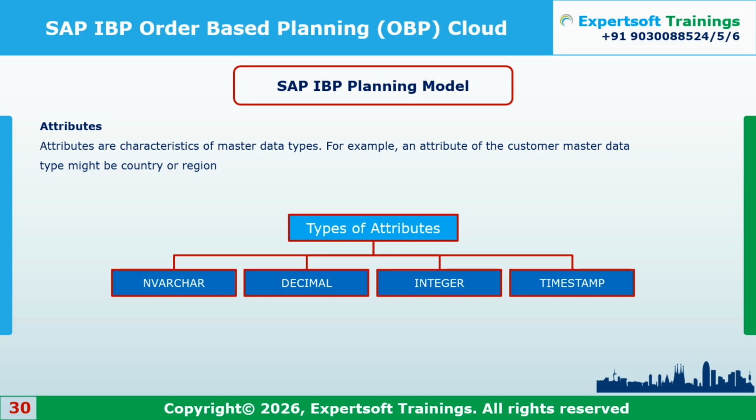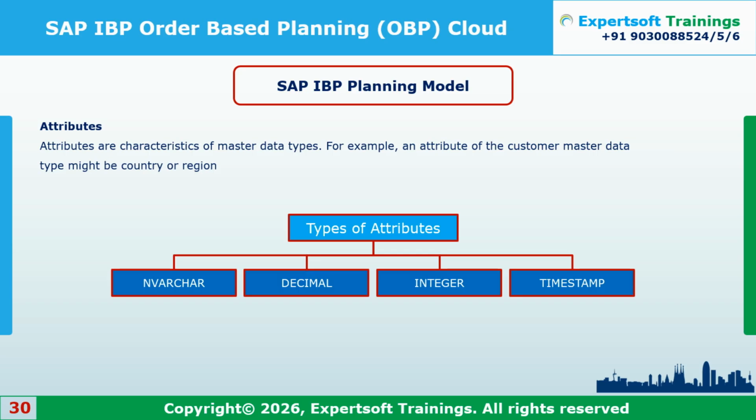We have a customer sourcing ratio, production sourcing ratio, location sourcing ratio. Those sourcing ratios will be your decimal values, 0.1, 0.3, like that. So to keep that kind of data, we require a decimal data type of attributes.